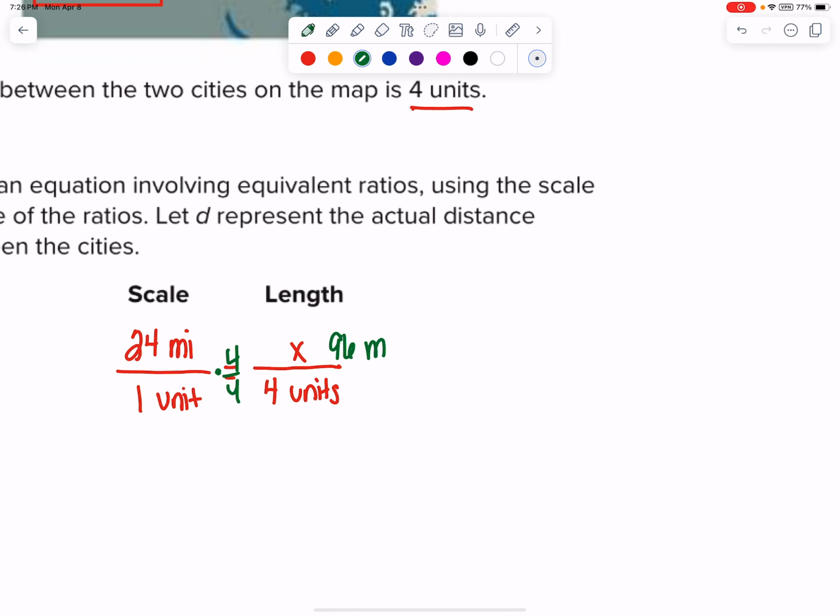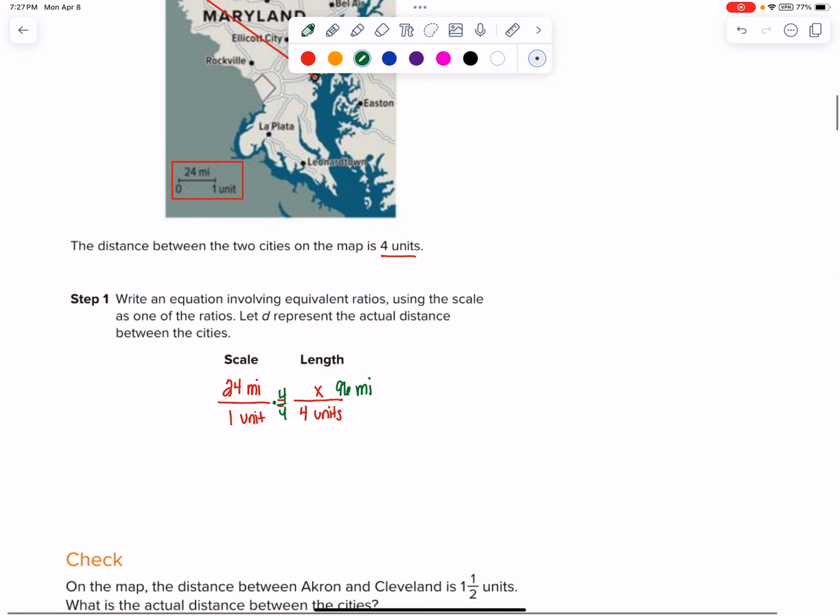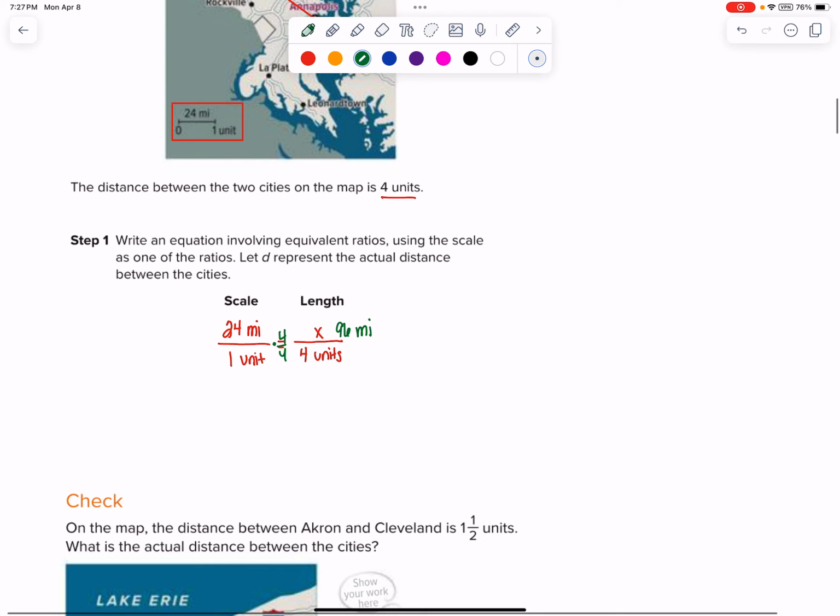So 96 miles is 4 units. Now we can answer the question: what is the actual distance between the cities? They wanted us to use D, so I'll follow those directions and say D equals 96 miles, and circle our answer.